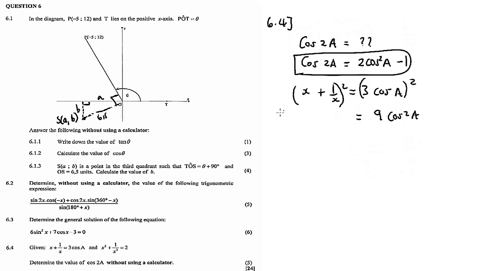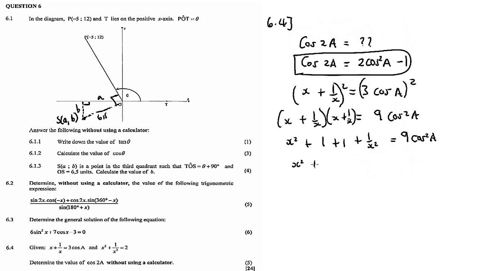Therefore, the bracket on the left, I multiply it out. Then you get x squared, plus 1, because x times 1 over x gives another 1, and then 1 over x times 1 over x is 1 over x squared, equal to 9 cos squared a.